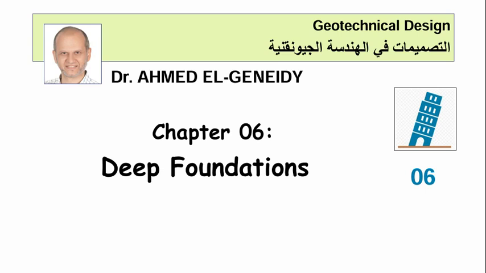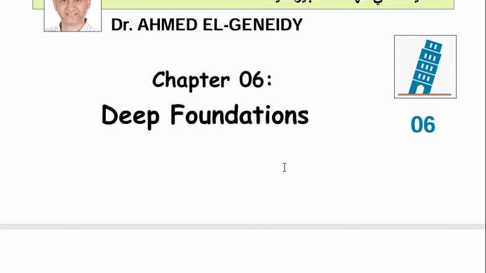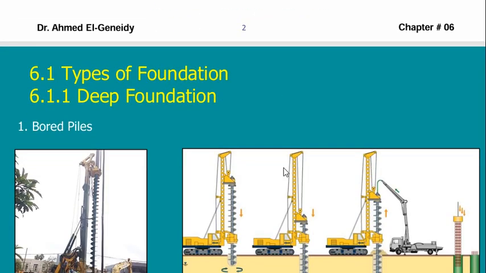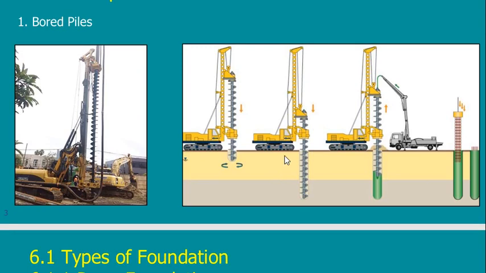What is important about chapter 6, deep foundation, is the types of deep foundations. We have many types of deep foundations, and this may result in lots of confusion because you may find lots of types in many references.